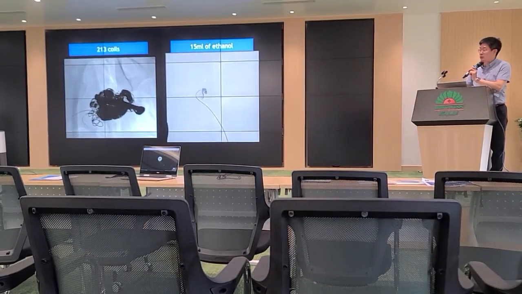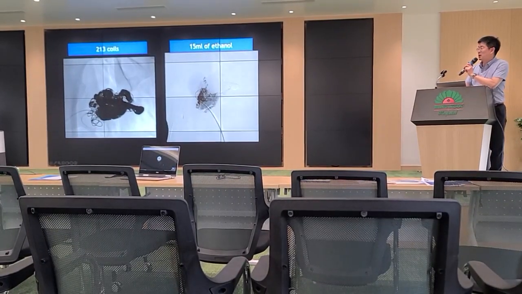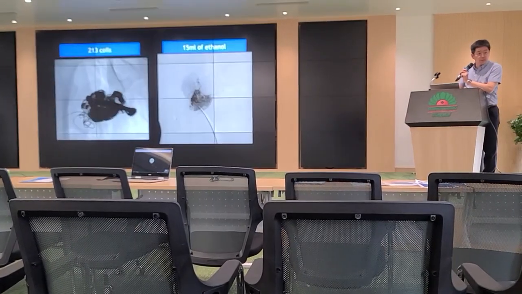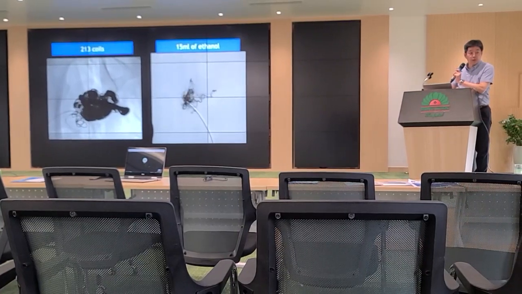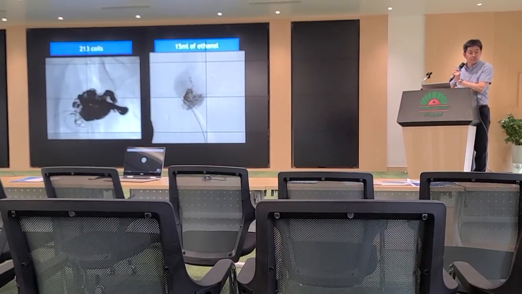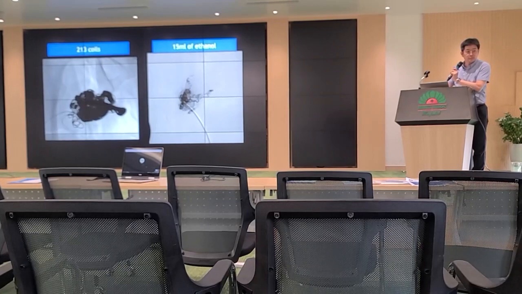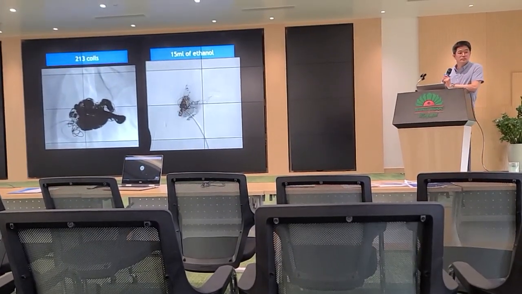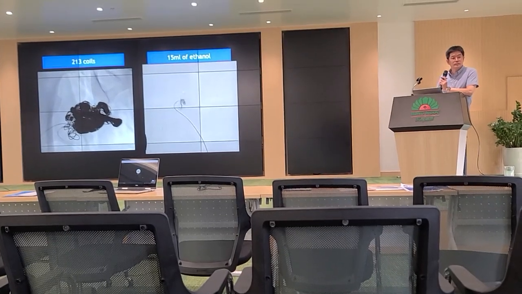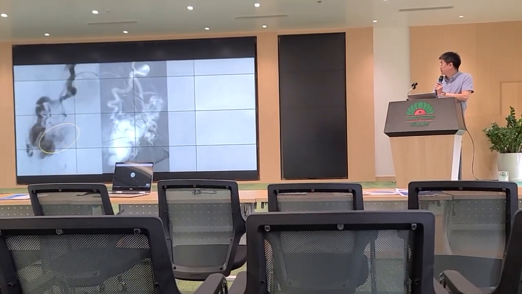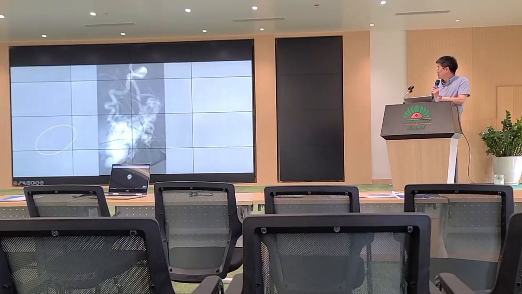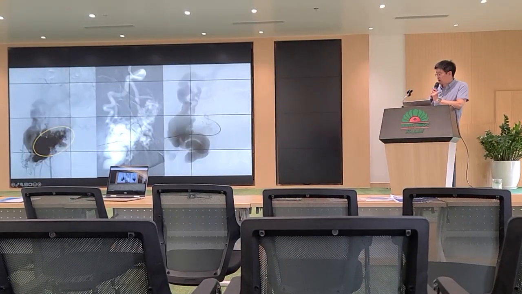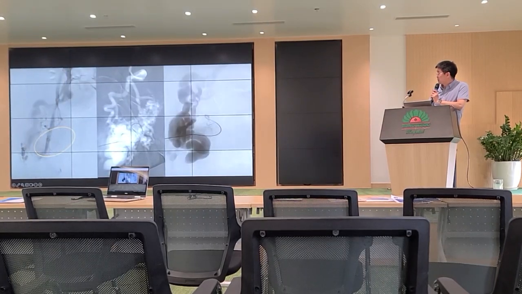So we have to block many portions. That means we did not know the feeding until we occlude partially, right? Until we occlude partially, we inject the contrast and we see the feeding again, the other feeding, right? And we treat. Yeah, this is the very small part of the feeding artery. Original one is.